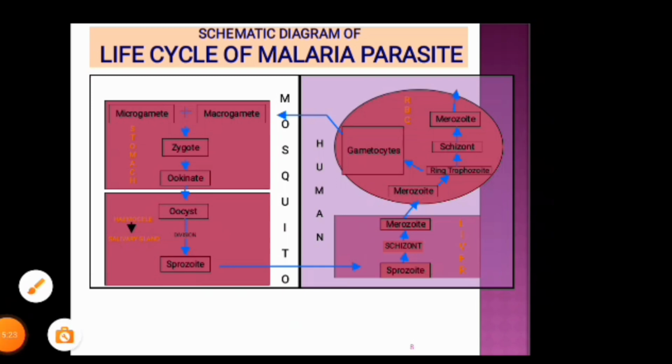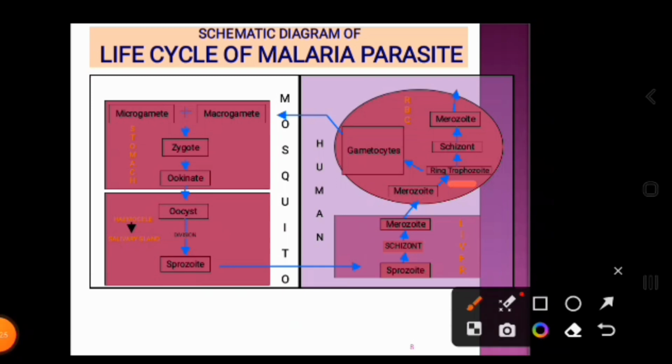First they form into ring trophozoites. Then from ring trophozoite to schizont, and from schizont to merozoites. Multiple merozoites form in the RBC and they release themselves by rupturing the RBC. During the rupture, the RBC releases a toxin known as hemozoin.